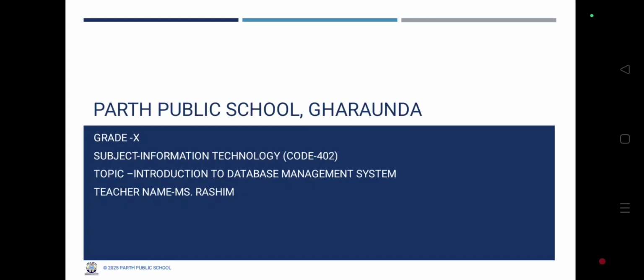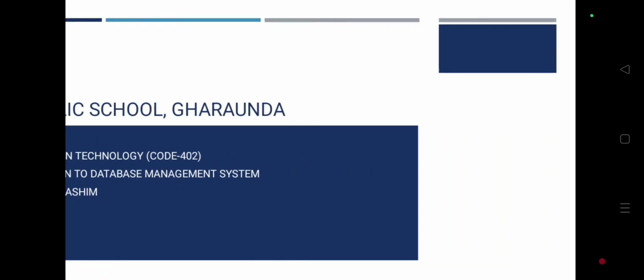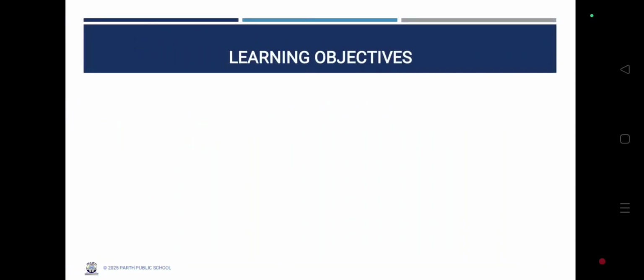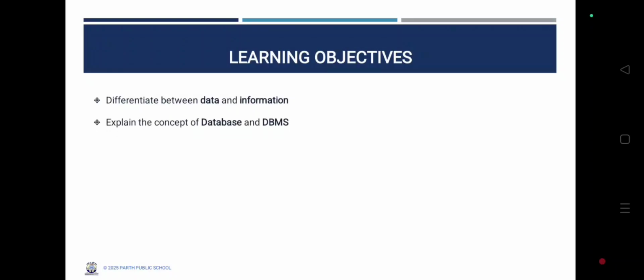So before we get into the topic, let's see the learning objectives of this topic. After watching this video, students will be able to easily differentiate between the basic concepts of database, that is data and information. They can easily explain the concept of database and DBMS.